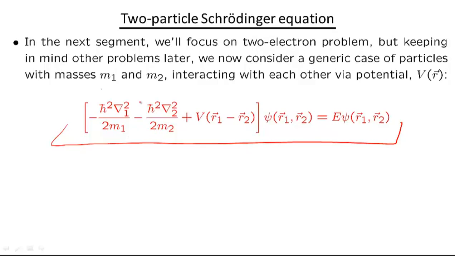So what we have here is essentially the kinetic energy of two particles: p1 squared over 2m1, the kinetic energy of the first particle, plus p2 squared over 2m2, the kinetic energy of the second particle, and the interaction between them, which we expect to depend only on the distance between the particles. And we have a wave function that depends on both coordinates r1 and r2, and the right hand side is the usual energy times psi.